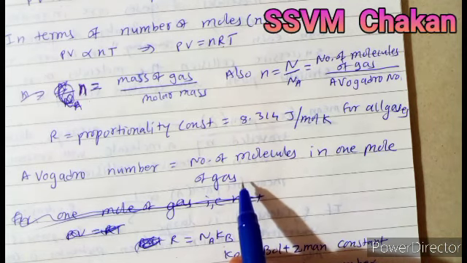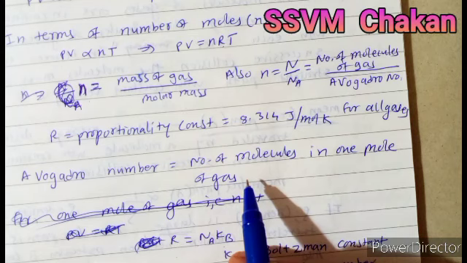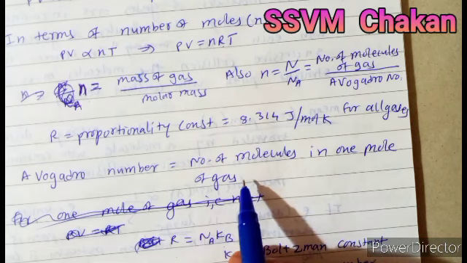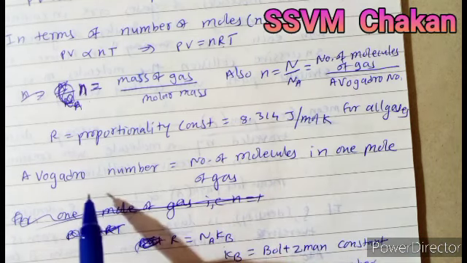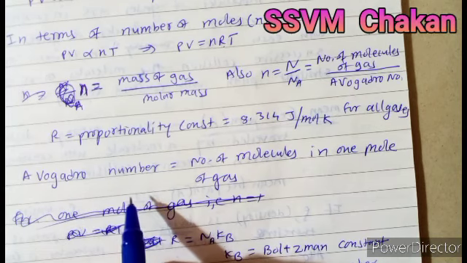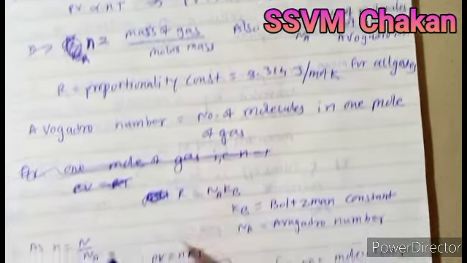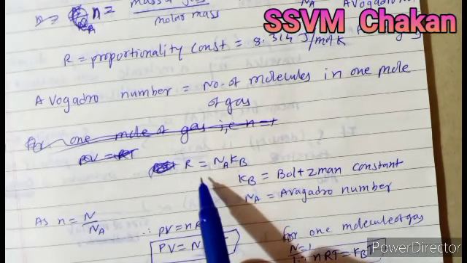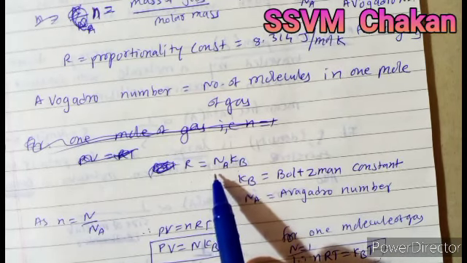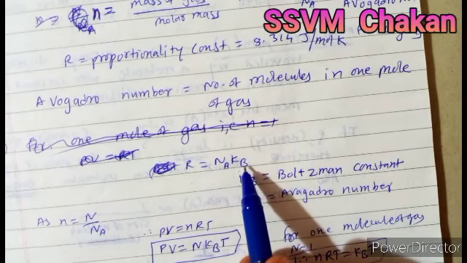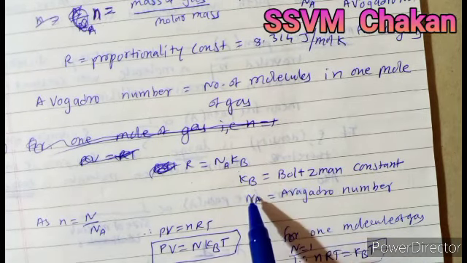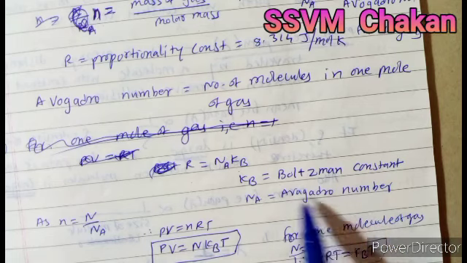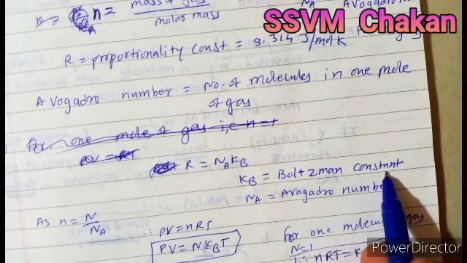That means in 1 mole of gas, the number of molecules present is known as Avogadro's number. R can be written as Na into Kb, where Na is Avogadro's number and Kb is the Boltzmann constant.